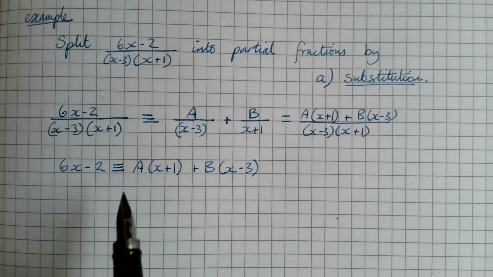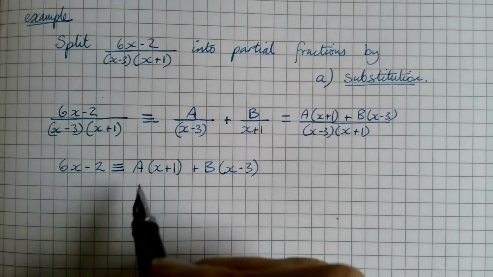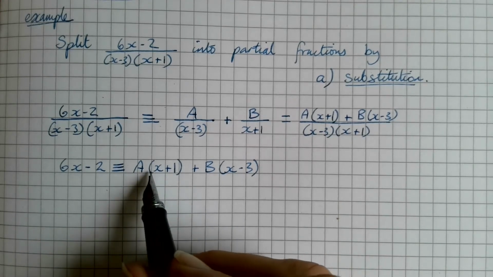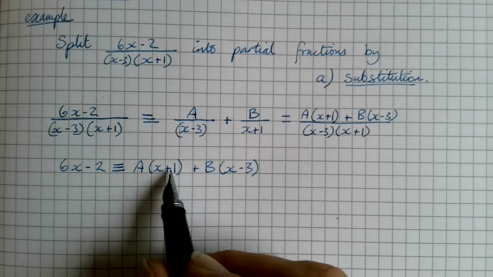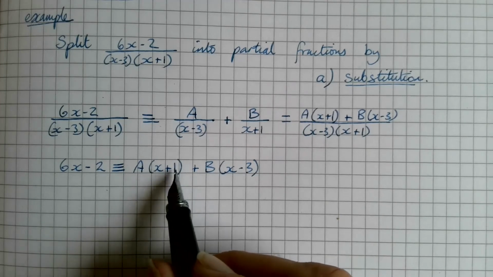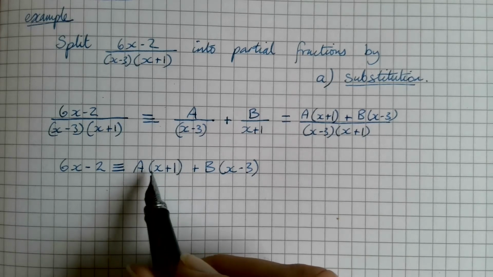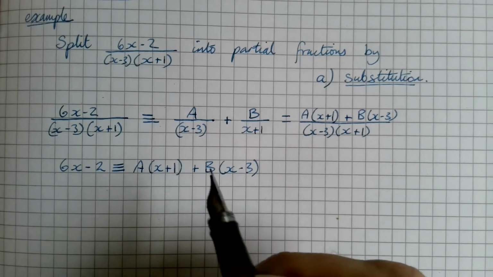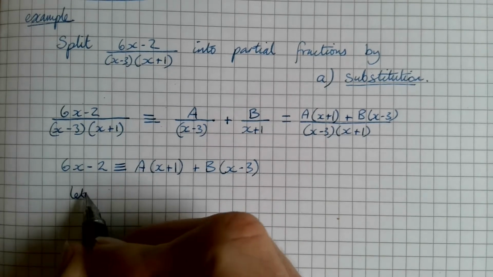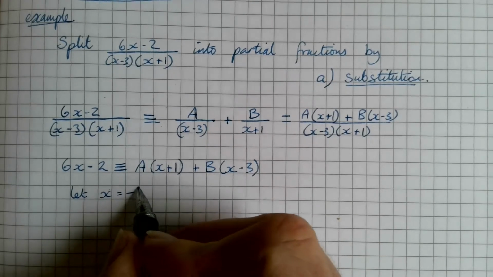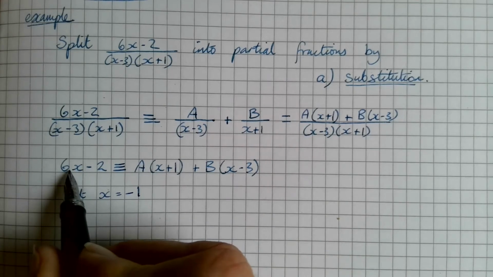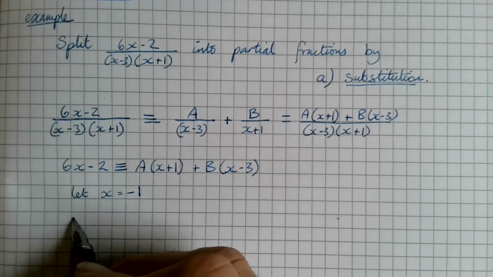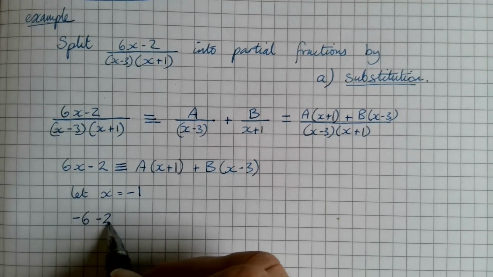Now I want to find out what A and B are, and I'm going to do it one at a time. What is A? Well, if x was minus 1, that would make this bracket 0, and 0 times A would be 0, which would mean I only had B left. So I'm going to say let x equal minus 1, and then 6 times minus 1 is minus 6.